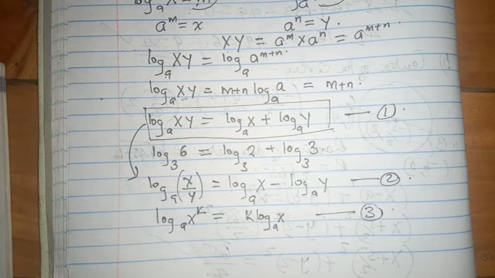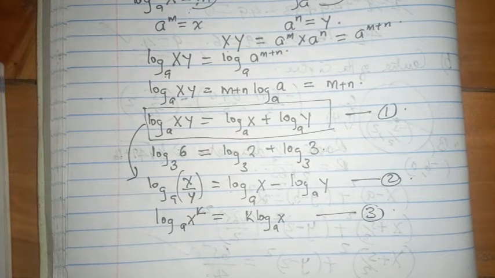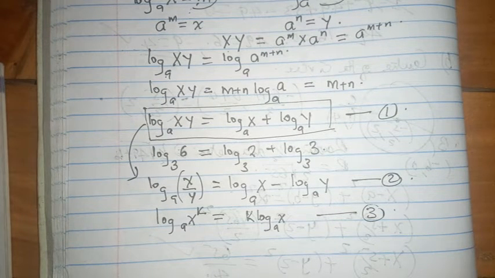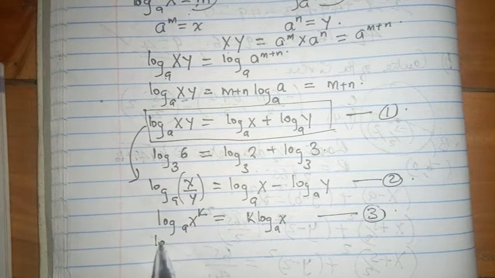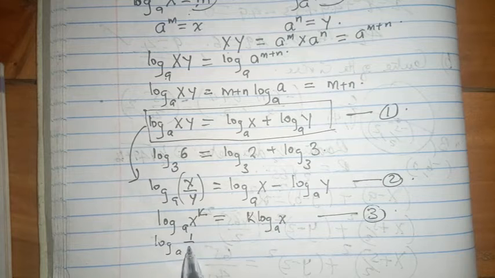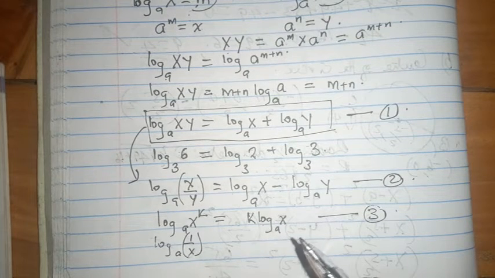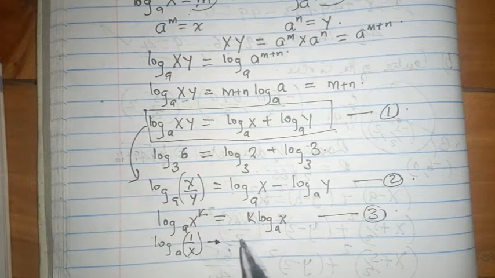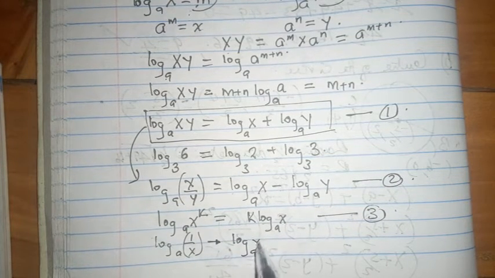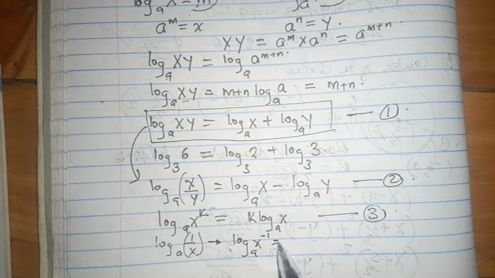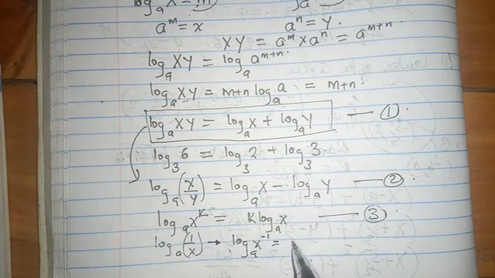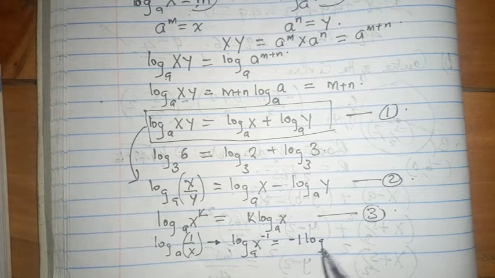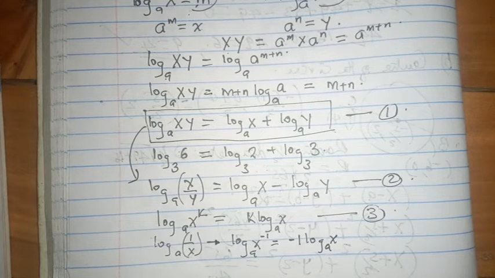There are so many other laws which you can squeeze in between. You can also say log to base a of 1 over x. This x can rise up to the numerator position. This is log to base a of x raised to power negative 1, which we can now use law 3 to find minus 1 log to base a of x, which is as simple as that.